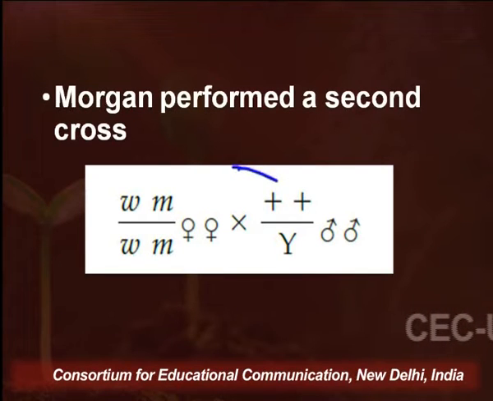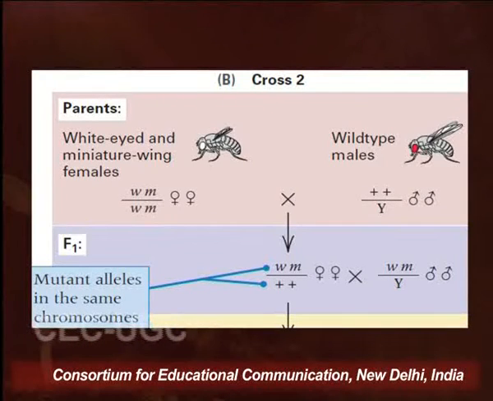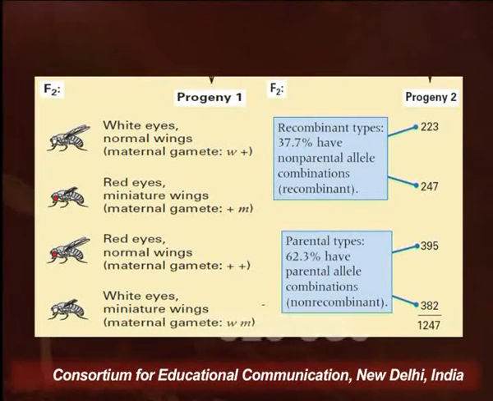Now in this case, this cross would have white-eyed and miniature wing females crossed with the wild type males. And in this cross, he again came to a conclusion that the recombinants were around 37.7%. You remember that we were talking about 35.1 in the last cross. So it is quite near that particular figure.